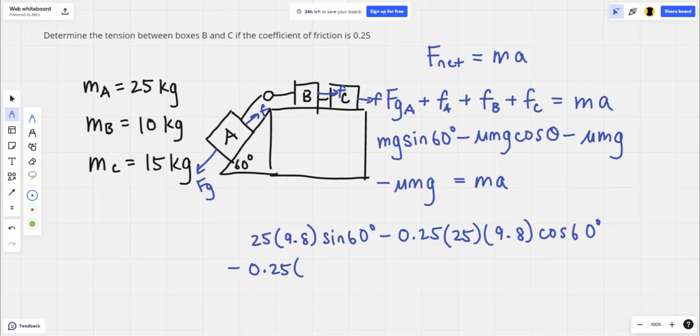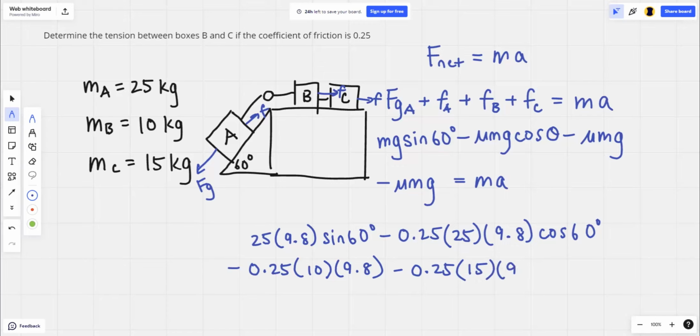And in this case, we're looking at the friction of block B. So we're going to have to use the mass of block B, which is 10. G is 9.8. Mu is 0.25. And then we're doing the force of friction for block C, and the mass of block C is 15.